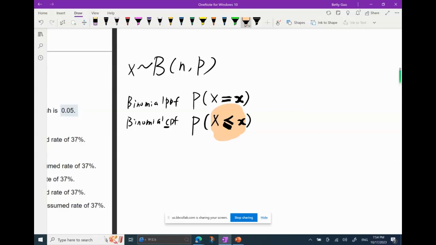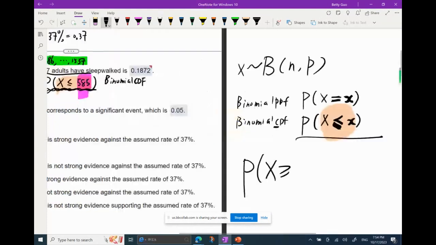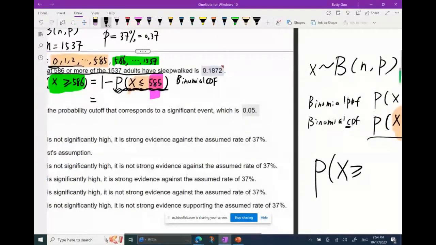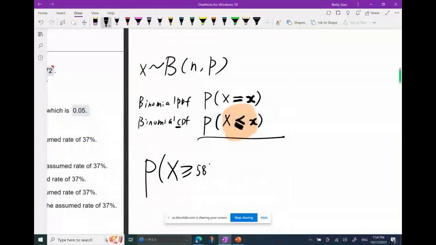That's the general rule. In our problem we did not have this. Instead, we have bigger than or equal to, what was the value earlier? 586. But you cannot find the probability of that directly, because there are only two functions. This function takes care of that, this function takes care of that, and no function takes care of this.